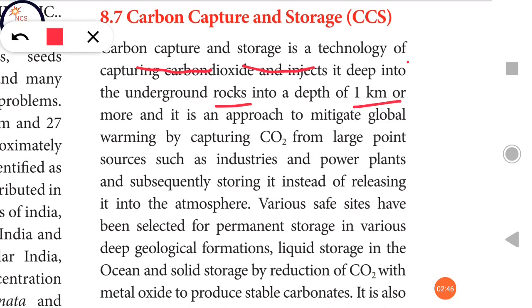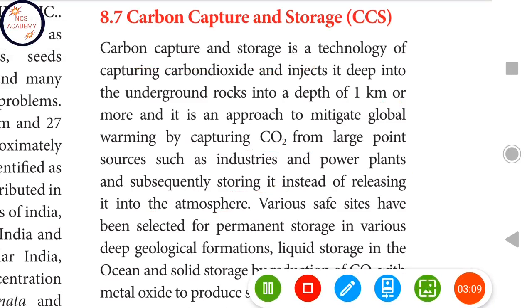It is an appropriate way to mitigate global warming by capturing carbon dioxide from large point sources such as industries and power plants, and subsequently storing it instead of releasing it into the atmosphere. This is known as carbon capture and storage.